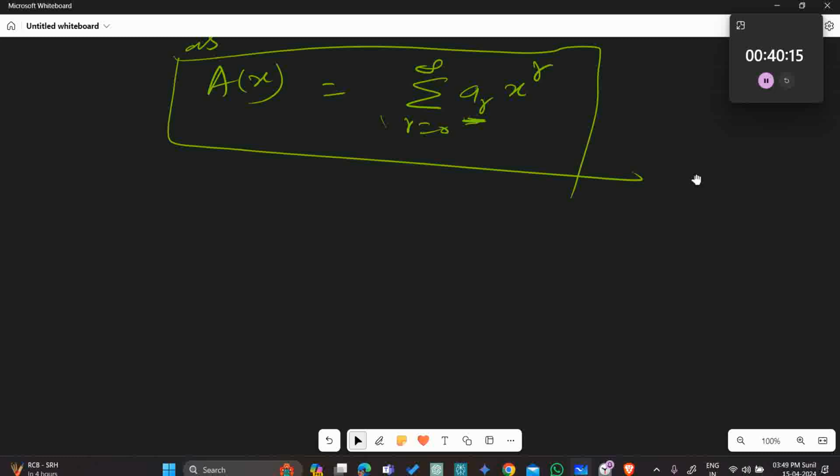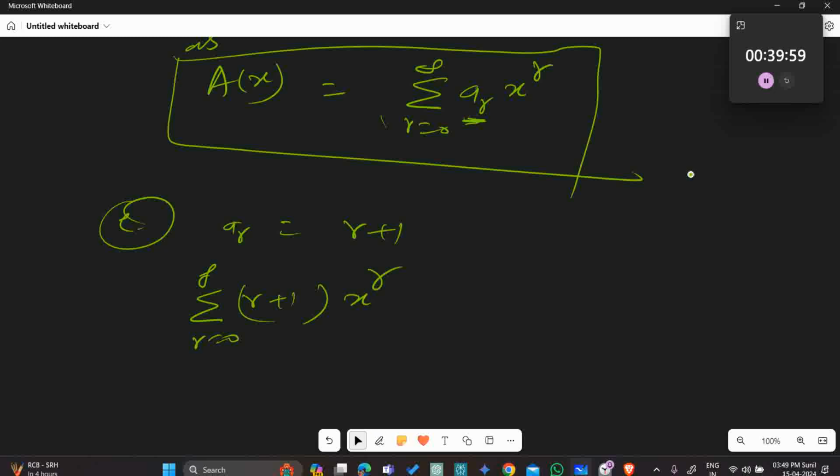So there will be some concepts and questions for this. So for example, we have a function r plus 1. So the generating function for this, r is equal to 0 to infinity, r plus 1 x to the power r. This is how we do it, right? This is the generating function a of x here, right?